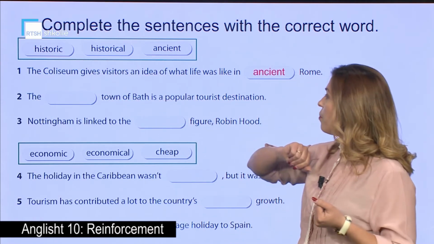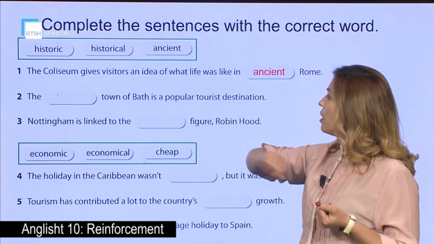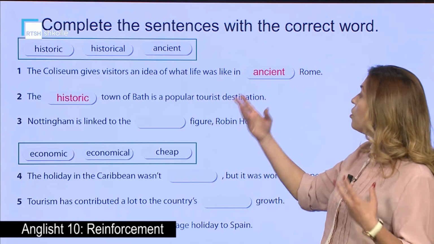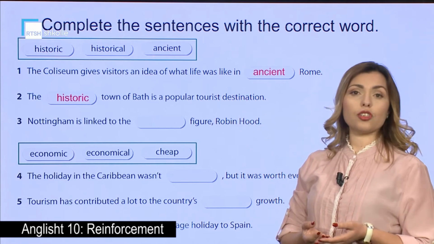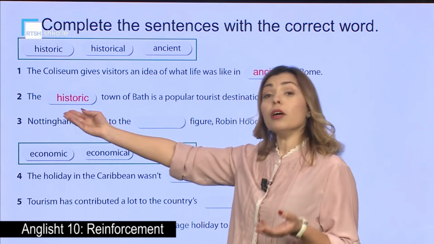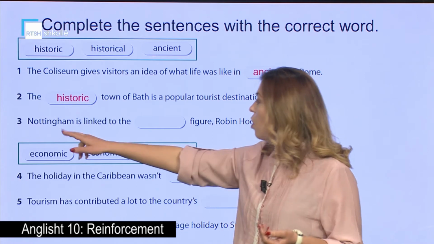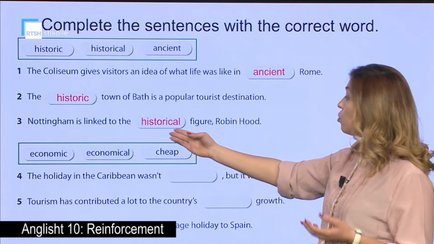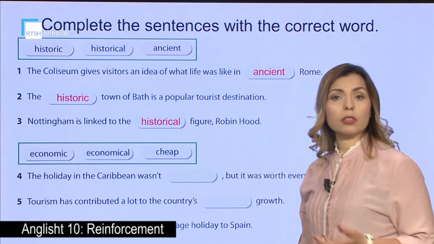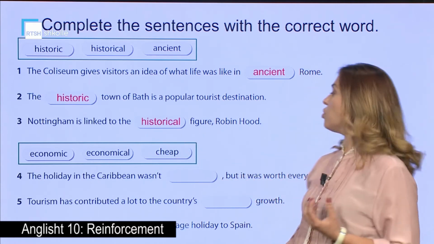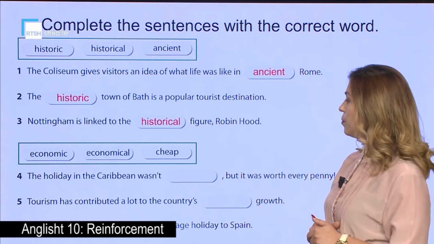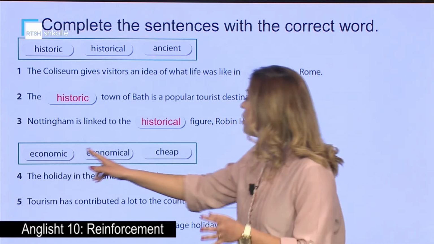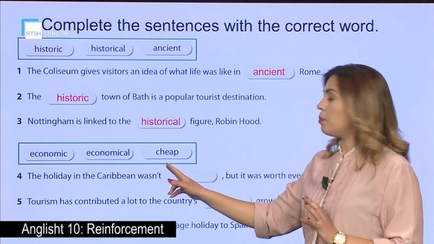For example, the historic town of Bath is a popular tourist destination. It refers to the past, whereas Nottingham is linked to the historical, to this very important figure of the history, Robin Hood.